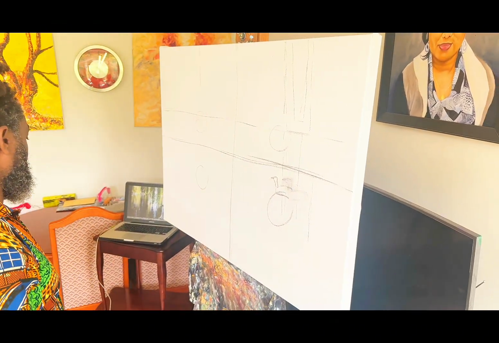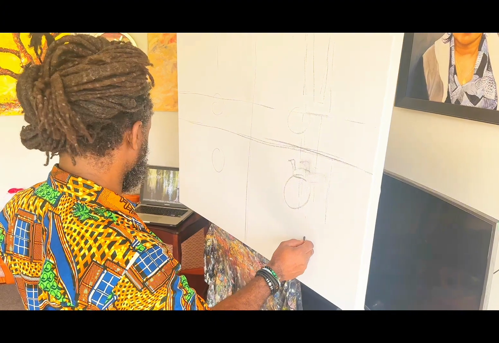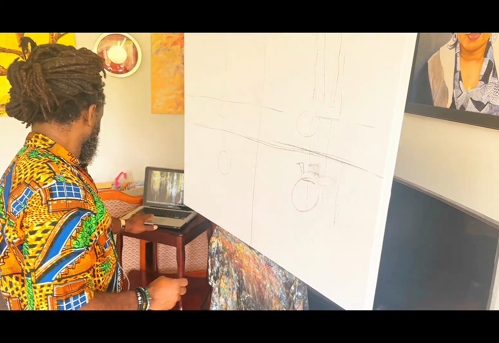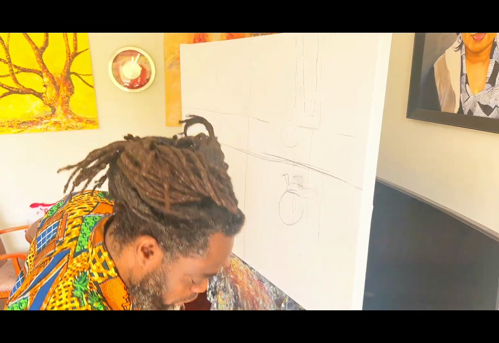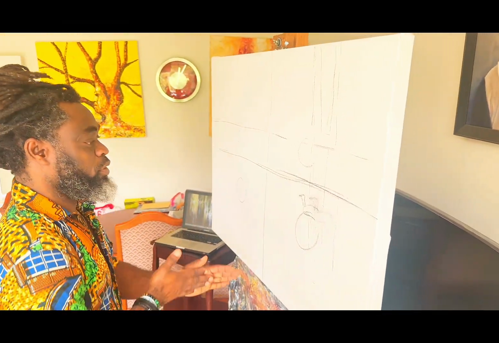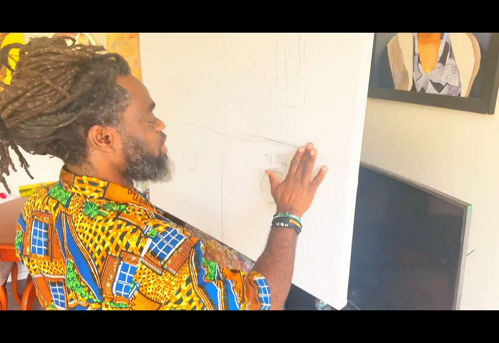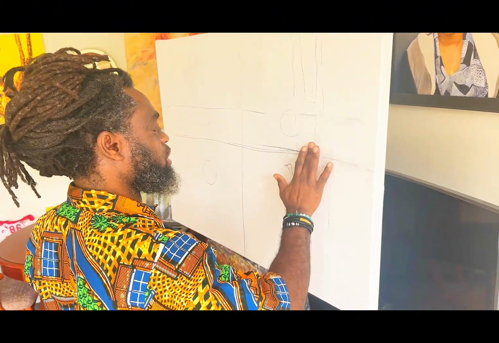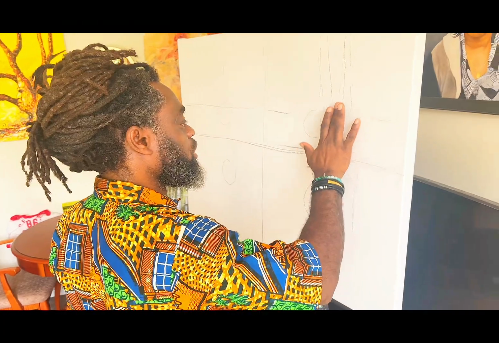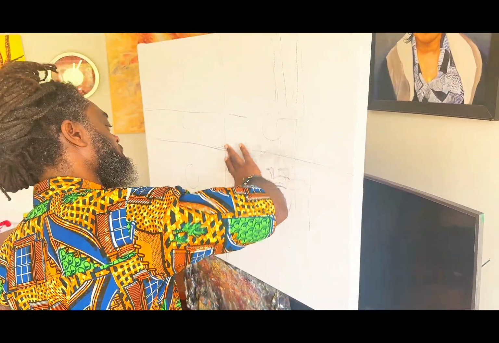Yeah, that's what it is. The next thing for me is to rub this one off. It's not really necessary anyway, because by the time I start putting my colors on it, I'm going to cover them, but I prefer to rub them off.